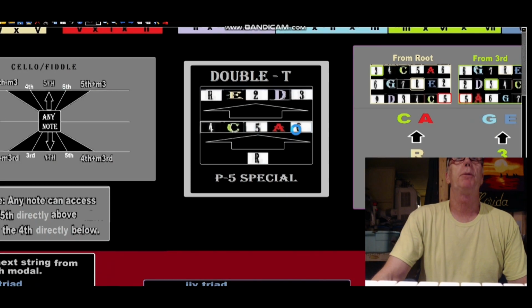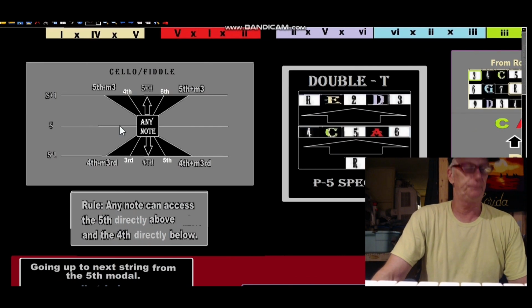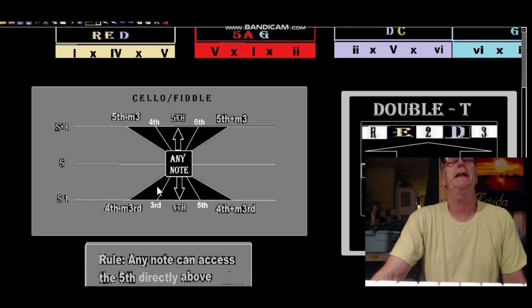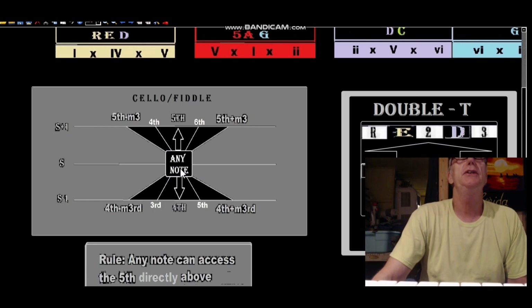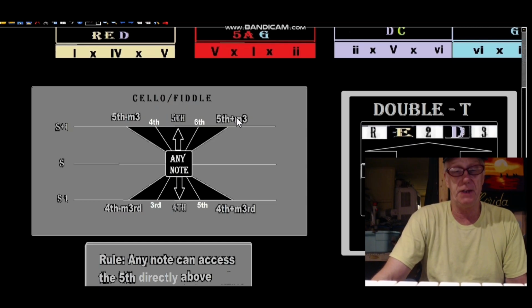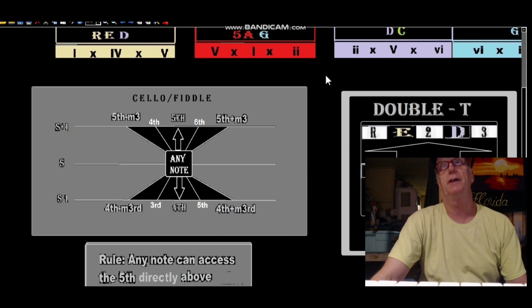But if you want to look at it like fan out, fan down, any note that goes straight up, that's the 5th, this note and this note will be the 7th triad. Any note that goes down is the 6th, this note and this note will be the 7th triad.